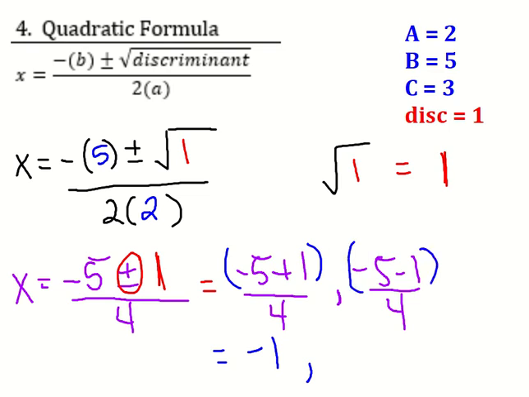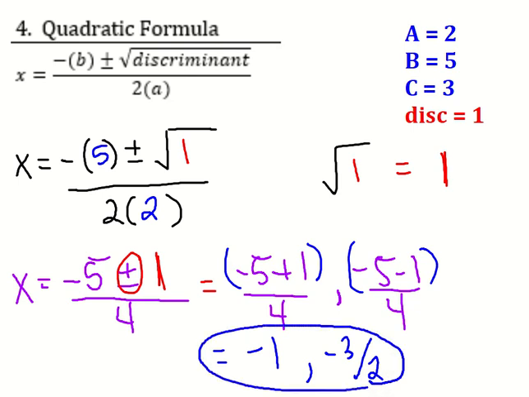Then the numerator of the next solution piece, -5 take away 1, is a -6. Over a +4 is going to give me -3 over 2. So I'm going to have 2 answers here, 2 solutions, one at x equals -1 and another at x equals -3/2.